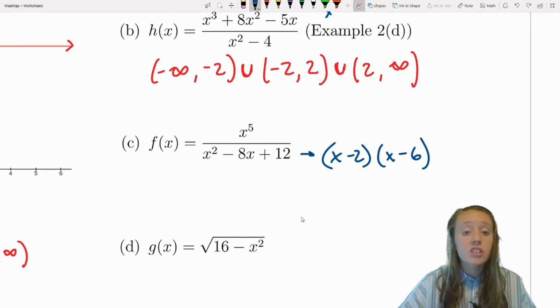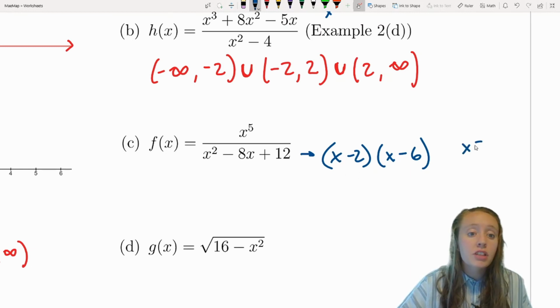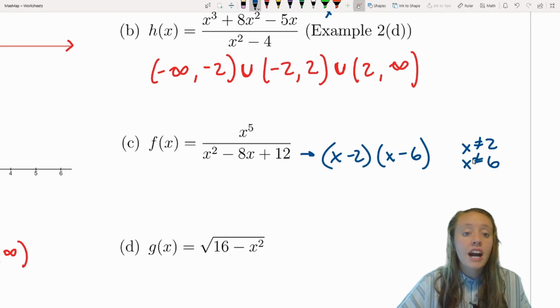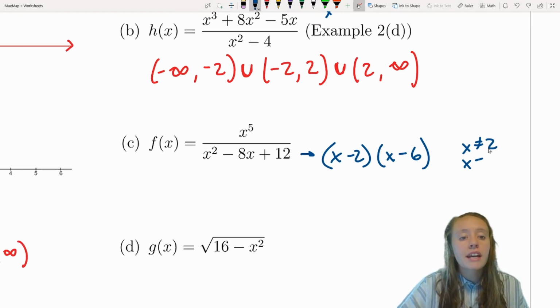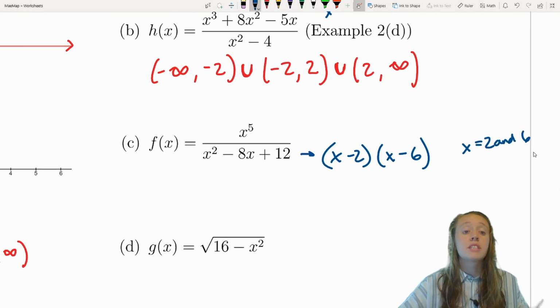So how many points of discontinuity do I have? 2, because my denominator x cannot be 2 and x cannot be 6. If it's either of those, I get 0 in my denominator and we're undefined. So at x equals 2 and x equals 6, we have points of discontinuity.